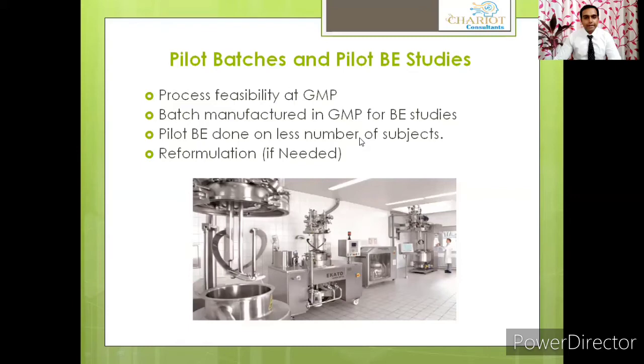You need to see how was the behavior of your drug molecule in the plasma. Based on the bioequivalence data that you have received, you need to change your formulation so that it will be bioequivalent to the innovator. If everything goes well, then you can obviously go for the later stages.